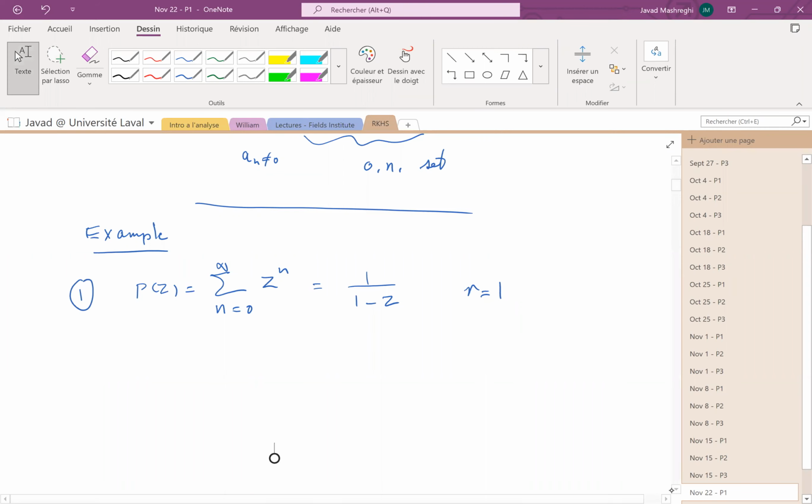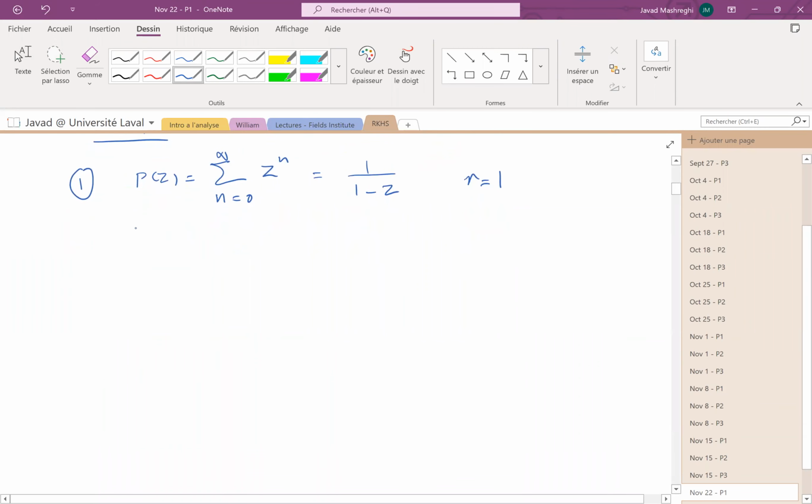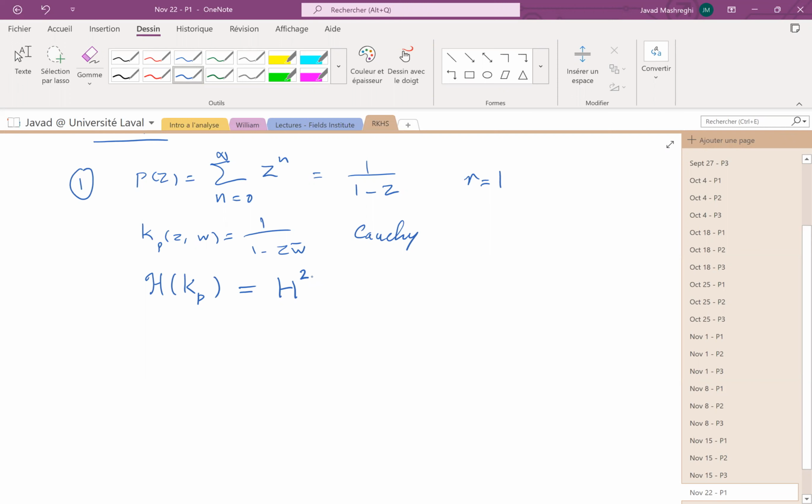K_P(z, w) is just 1 over 1 minus z w-bar. We saw this before under the name of Cauchy kernel, sometimes also called Szegő kernel, and H of K_P is precisely what we had before under the name H^2, the Hardy space with p equal to 2. So either you start from the kernel and you end up with this space, or vice versa.